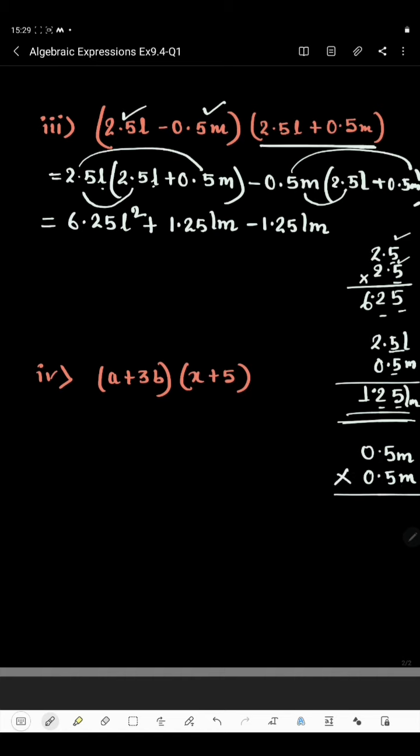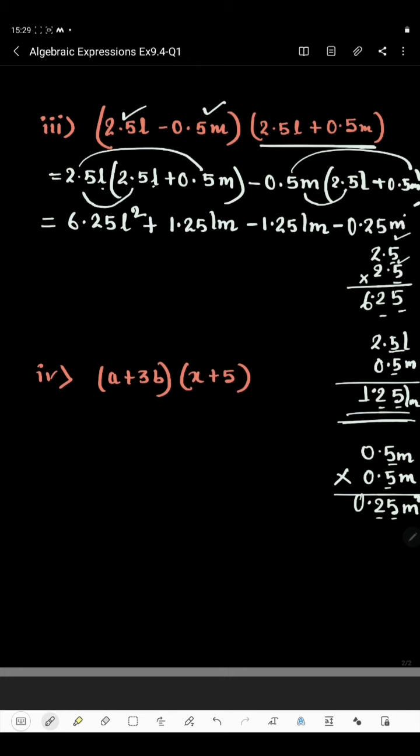So 5 5s are 25. So we'll put the decimal, 1, 2. Here will be the decimal. So it's 0.25. M into M, M square.